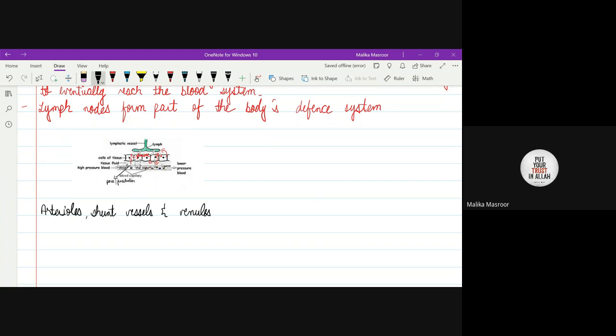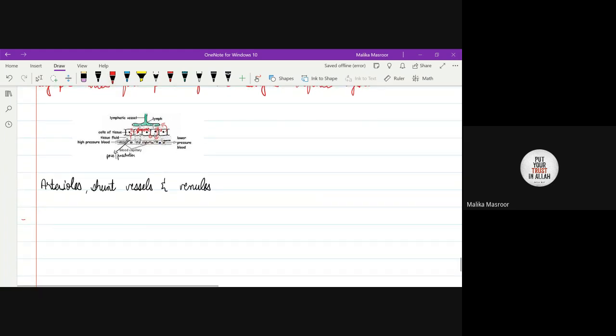Okay. So small arteries and arterioles basically have less elastic tissue and more muscle fiber, obviously, than your great arteries, larger arteries.